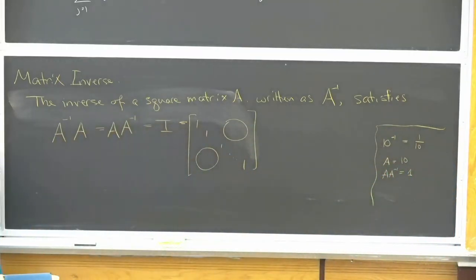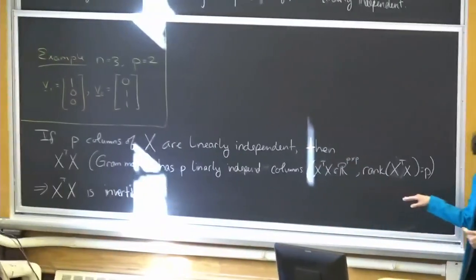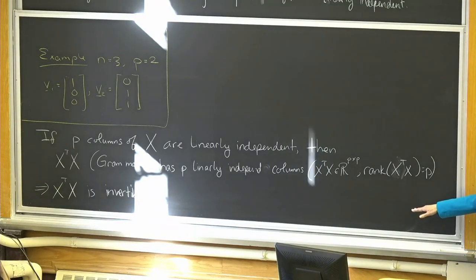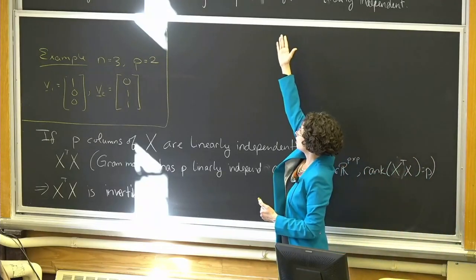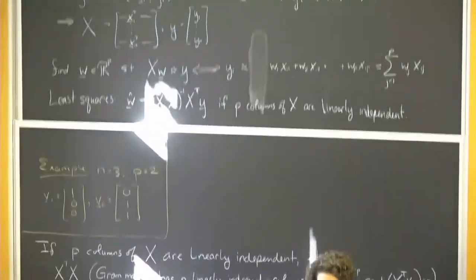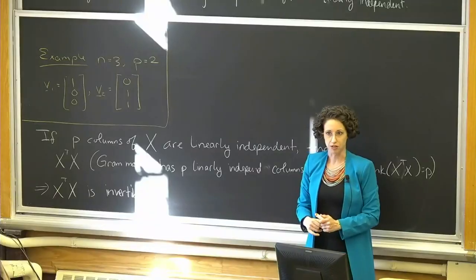My claim is that if our matrix X of features has p linearly independent columns, then the Gram matrix X transpose X is invertible. Then we can use the formula on the top, that the camera is not capturing. There we go. We can use it to compute a least squares solution.